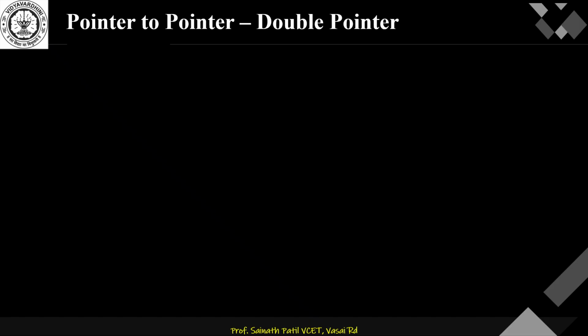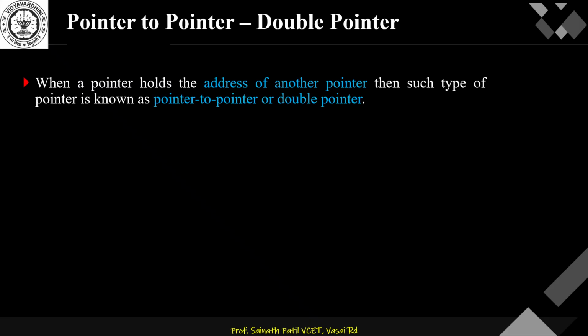Now let's see pointer to pointer or double pointer. We know that a pointer holds the address of another normal variable. Now when a pointer holds the address of another pointer variable, not a normal variable, then such a type of pointer is known as pointer to pointer or double pointer.